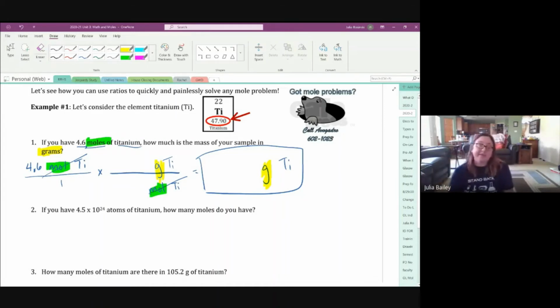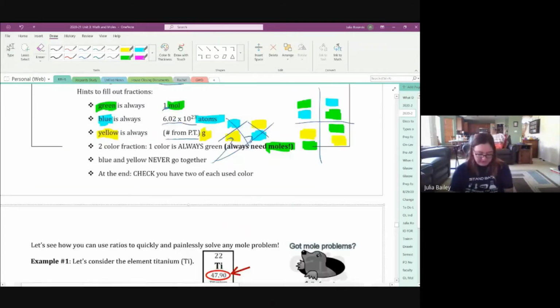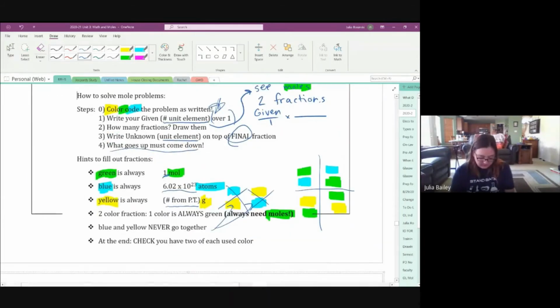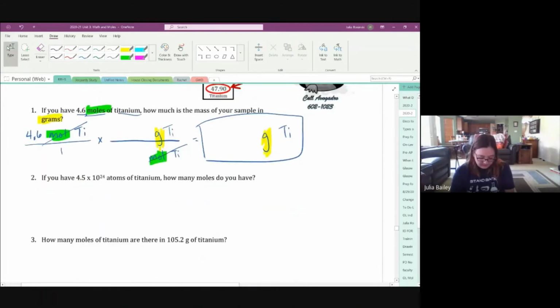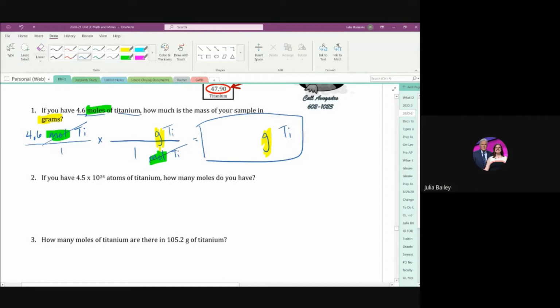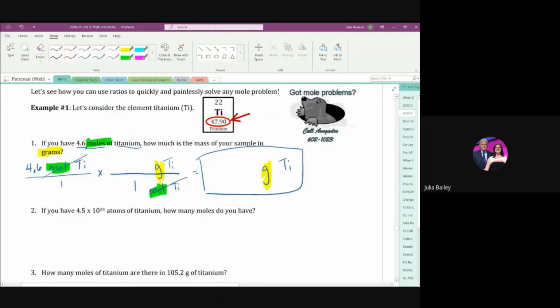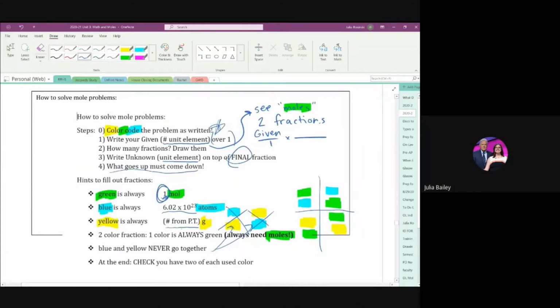We still need to go back and fill some numbers in though. So let's think about those helpful hints. Green moles is always 1 mole. So I'm going to come down here in my fraction. I'm going to put a 1 next to that mole. And my number of grams is always supposed to be a number from the periodic table.